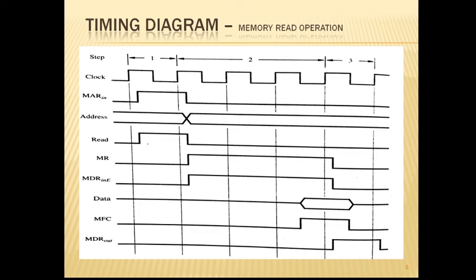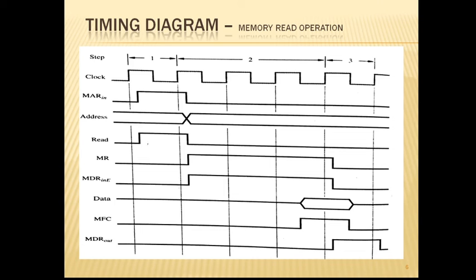Also, actions 3 and 4 can be combined by activating the control signal MDR in E, which is connected to the external bus, while also waiting for a response from the memory. We can generate the MDR in E signal while waiting for the response.